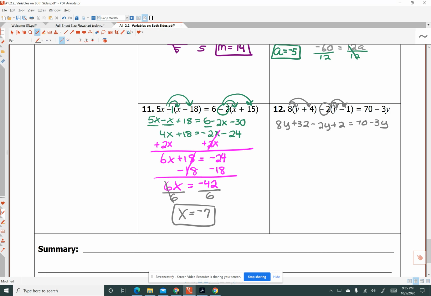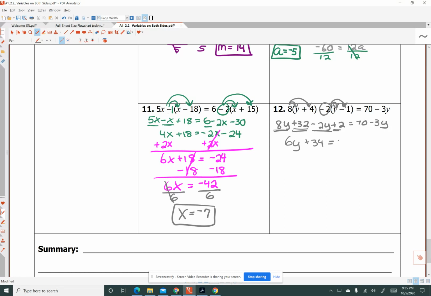We have to combine like terms, but all on the same side of the equation. So 70 minus 3y doesn't change, but we do have 8y minus 2y. So that's going to give us 6y. We also have positive 32 plus 2, which will give us 34.